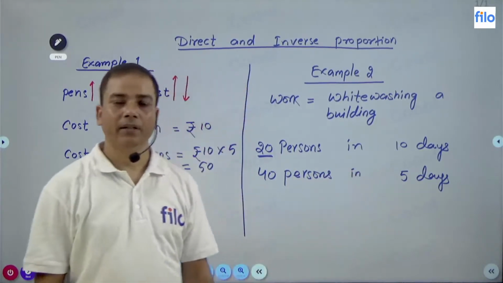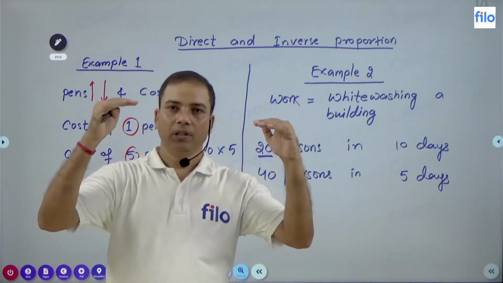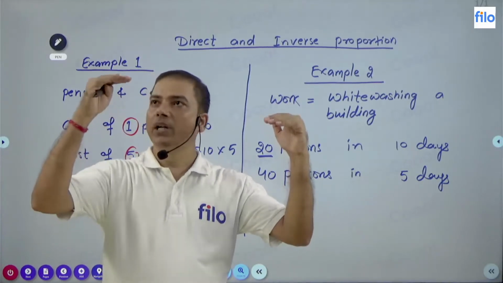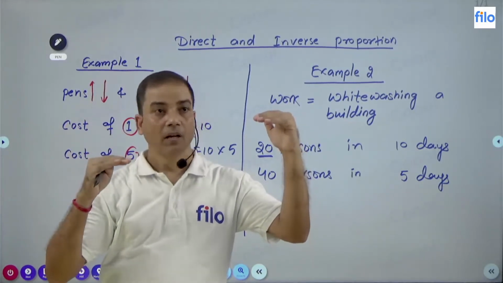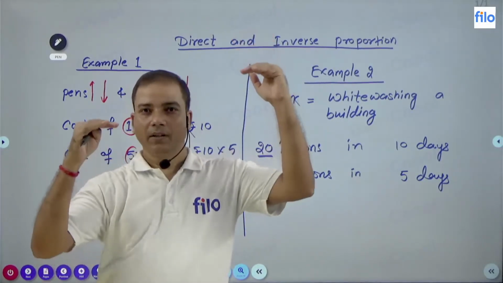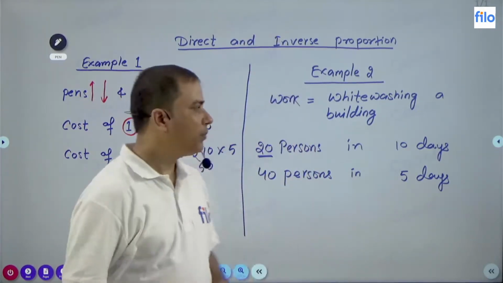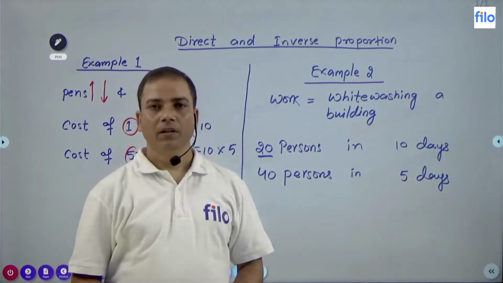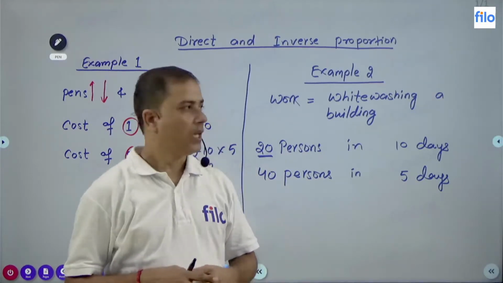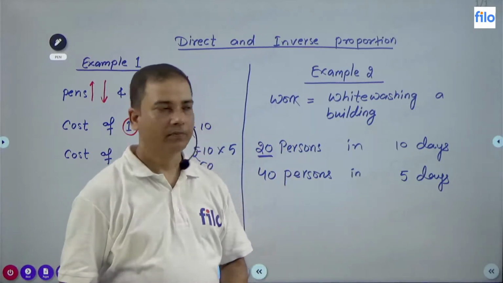Notice what happened here. Two quantities: number of days, number of persons. Number of days decreased, but number of persons increased. Got it? One decreased, other increased. And suppose you say, no, I am not in a hurry, I want to whitewash my house in 20 days.